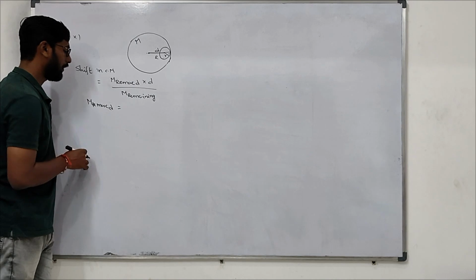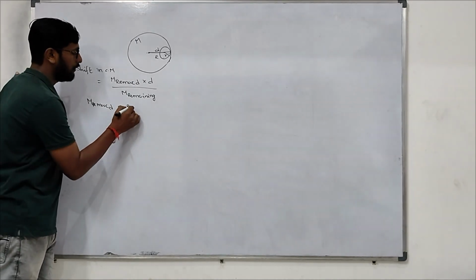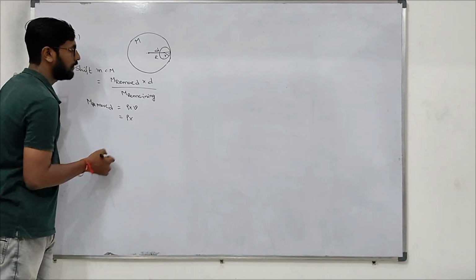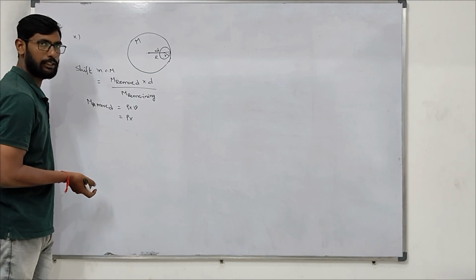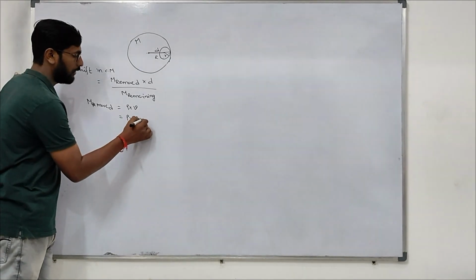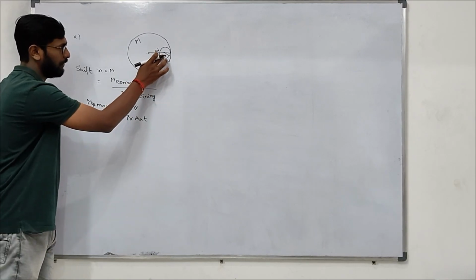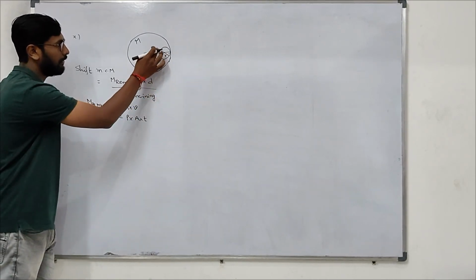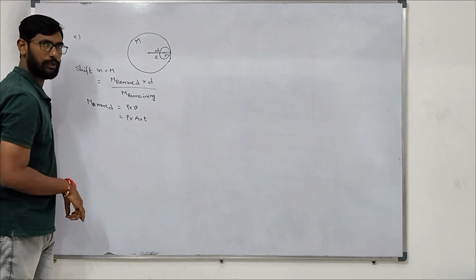Generally, mass equals what? Density into volume. Right? Volume will be what? This is the disk, right? Volume will be area into thickness. So density for this will be same. And area we can find, pi r square. Thickness is same. So this is the one way.